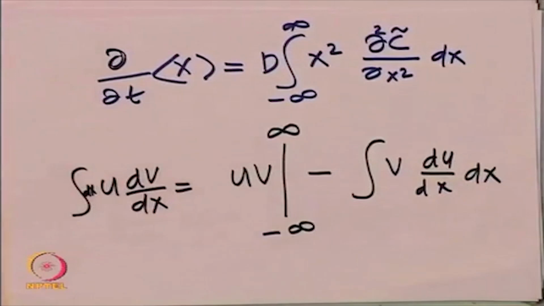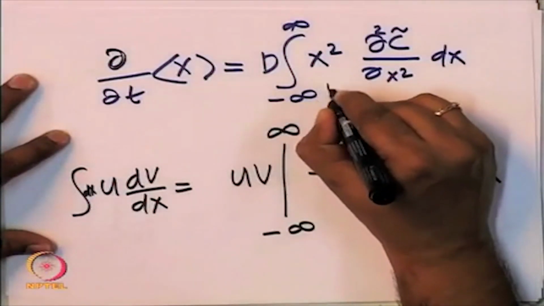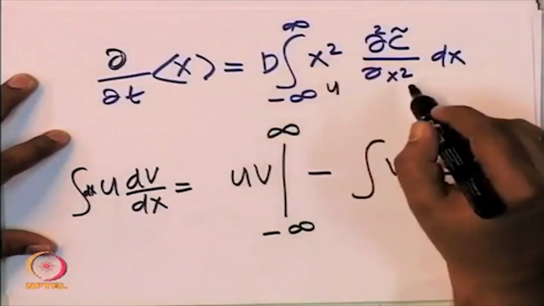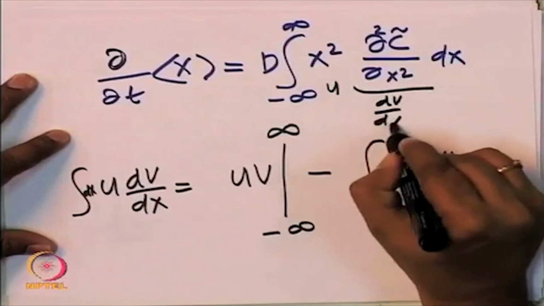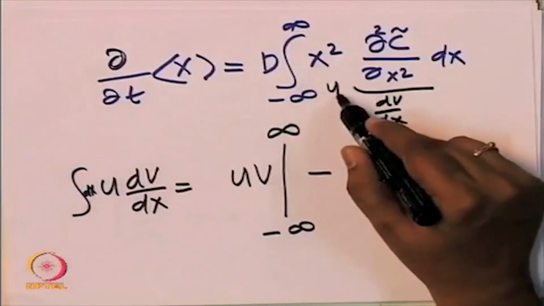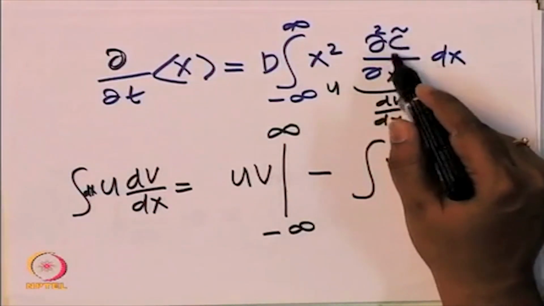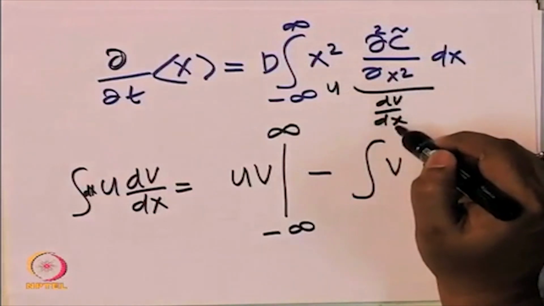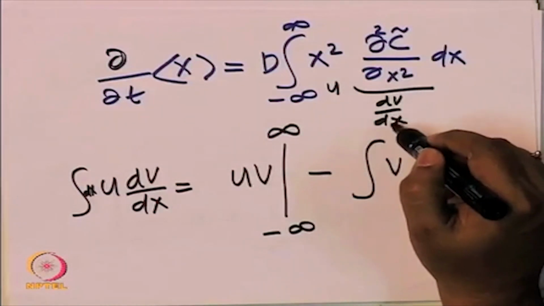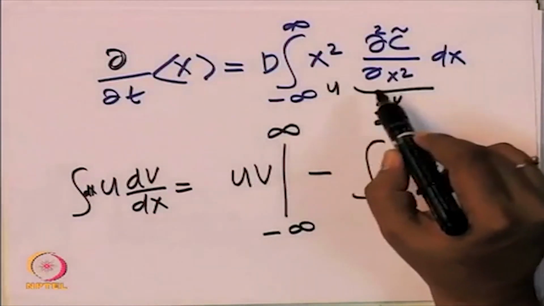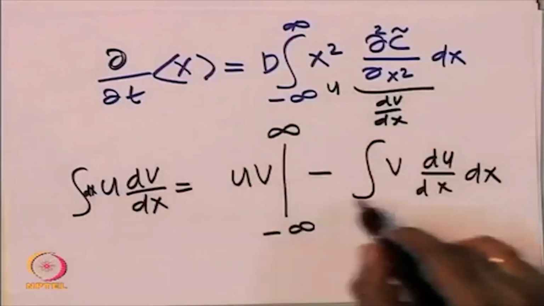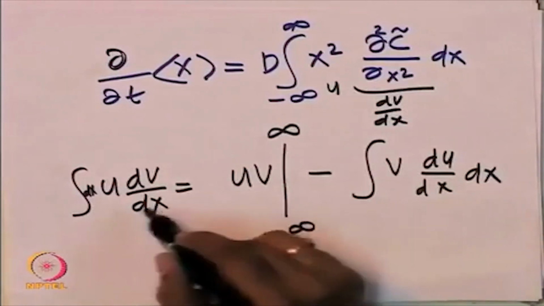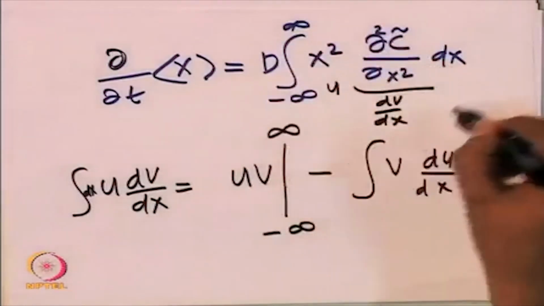So, we can always define x square as u, and this as dv by dx. So, let us take x square as u and del square c by del x square as dv by dx. So, this will be integral u dv by dx dx. So, you can use this formula now to do this integration.